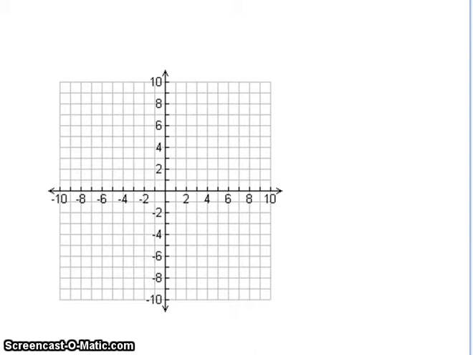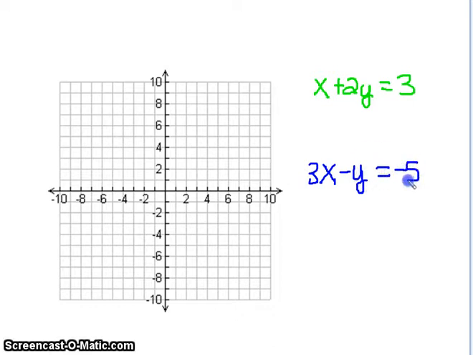Our second system of equations that we are going to graph today will be x plus 2y is equal to 3, and 3x minus y is equal to -5.